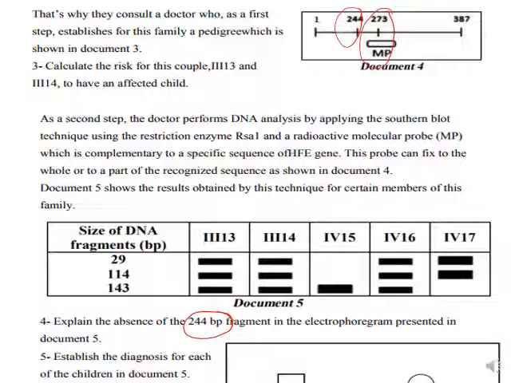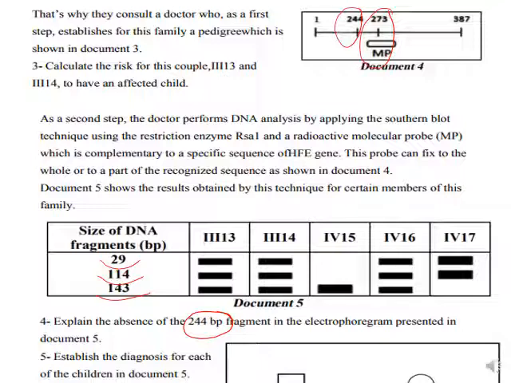Establish the diagnosis for the children of document 5. As you know, in the electrophorogram we have 3 bands: band 143, band 114, and band 29. According to this, band 143 characterizes the normal allele.